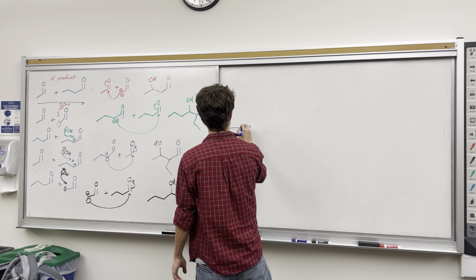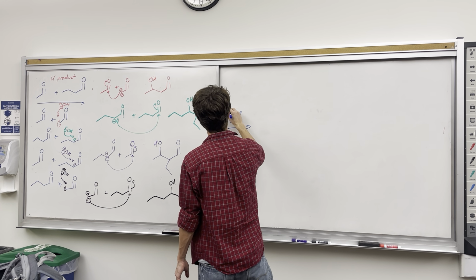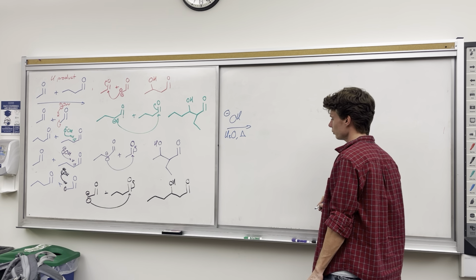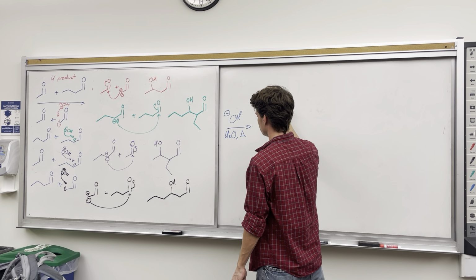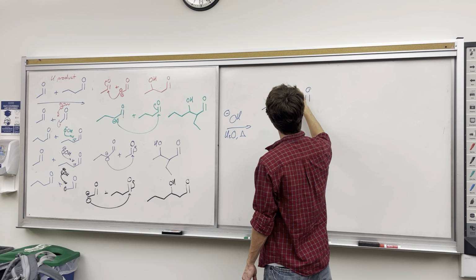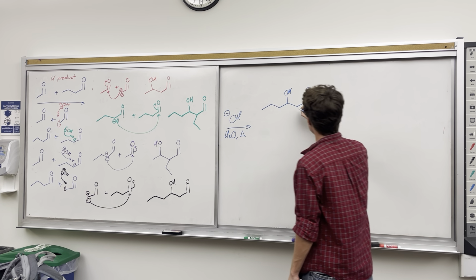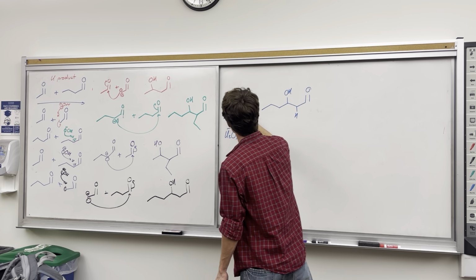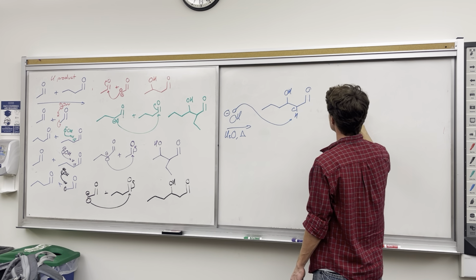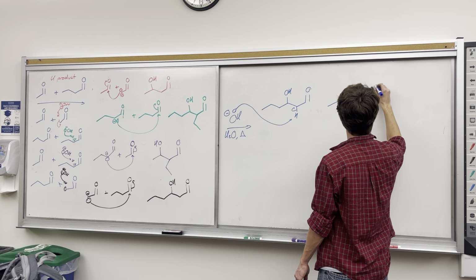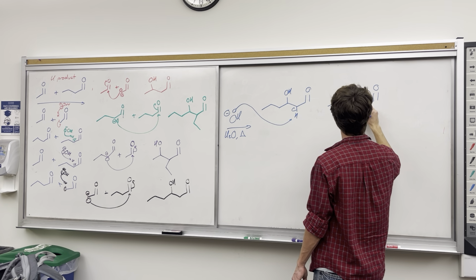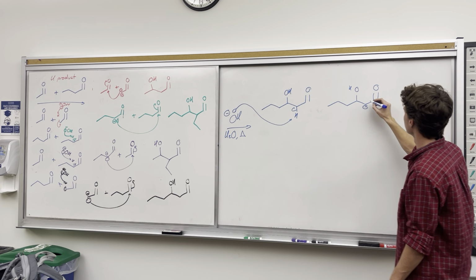Let's go ahead and do this one. So we're going to add, what are we going to add? OH minus, water, heat. Remember OH minus, basic conditions, alpha proton first, enolate anion, okay, negative charge there.